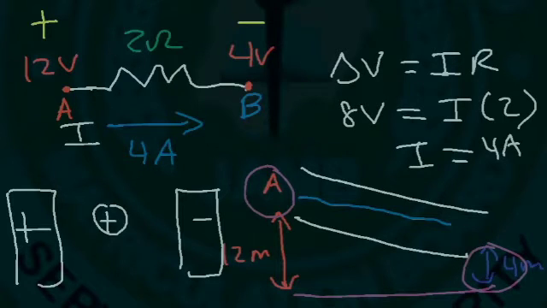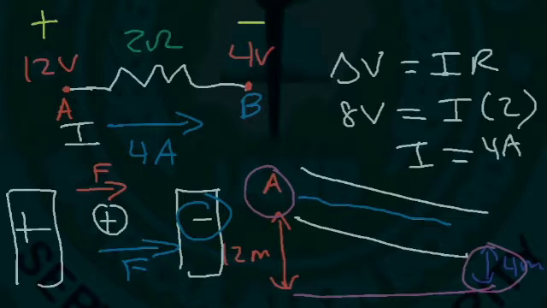So the proton is repelled by the positively charged plate. It wants to move away from the left side. It doesn't want to be next to the positively charged plate. However, the proton is attracted to the negatively charged plate. So it's going to accelerate towards the negatively charged plate.